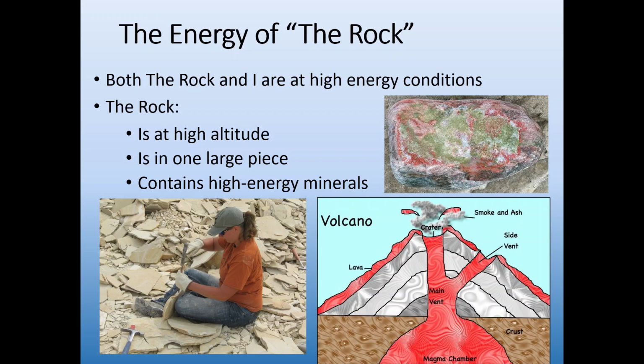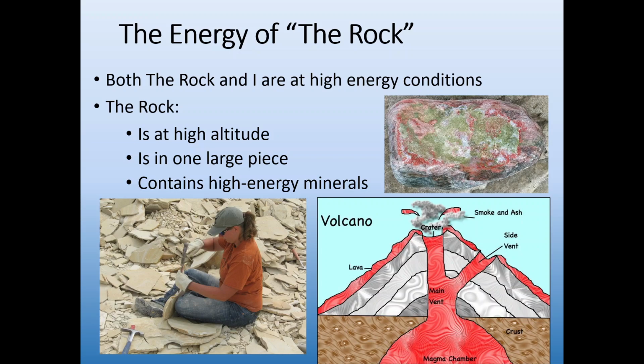Also, rocks contain high energy minerals. This again is geology based, but this rock right here, you see this green center surrounded by this kind of red crust. Those are high energy minerals that were created when these rocks formed in the base of a volcano, which is a very high energy, high temperature, high pressure situation.